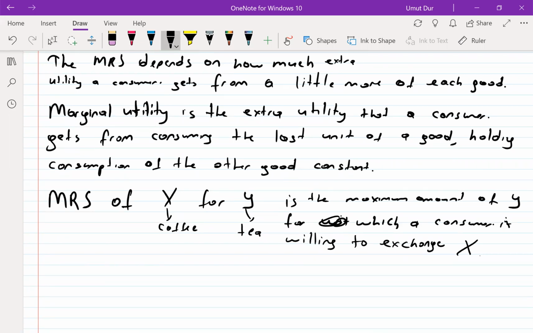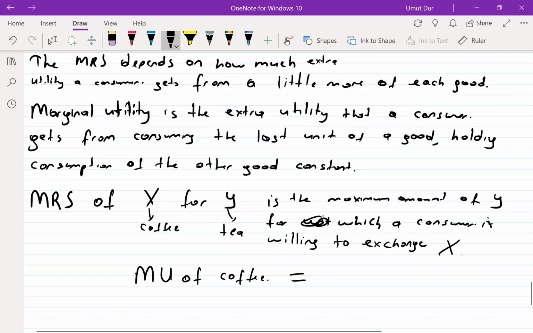We have the marginal utility of coffee, and we also have the marginal utility of tea. You can just think of this as the extra utility that you are getting from a very small amount of coffee and from a small amount of tea.